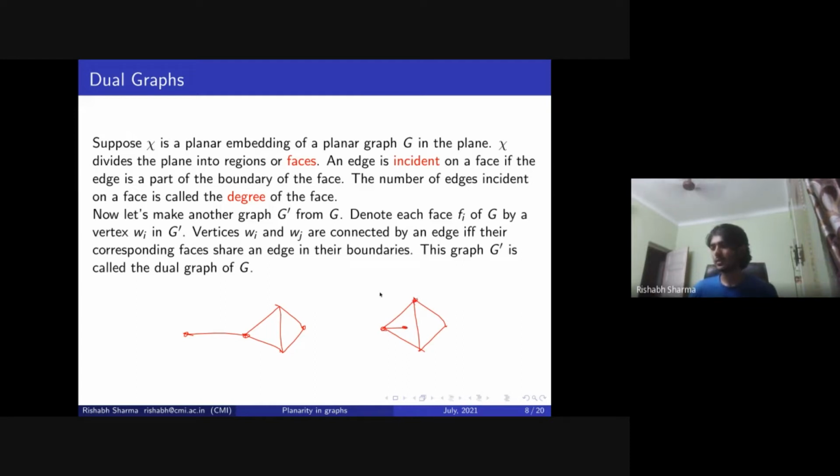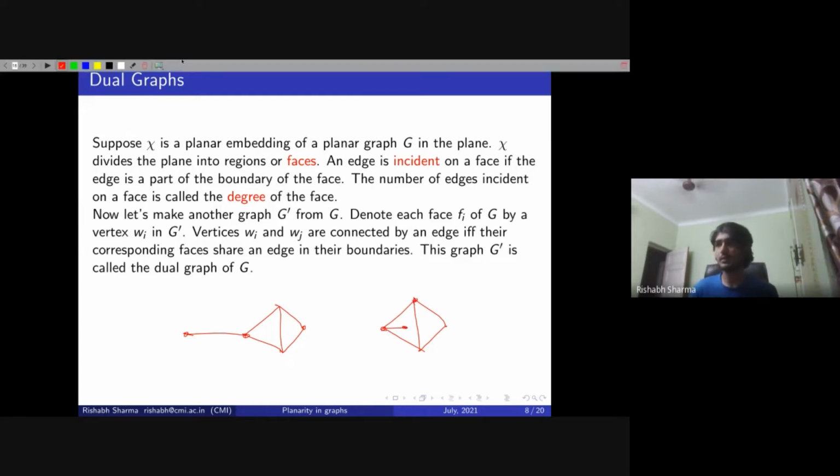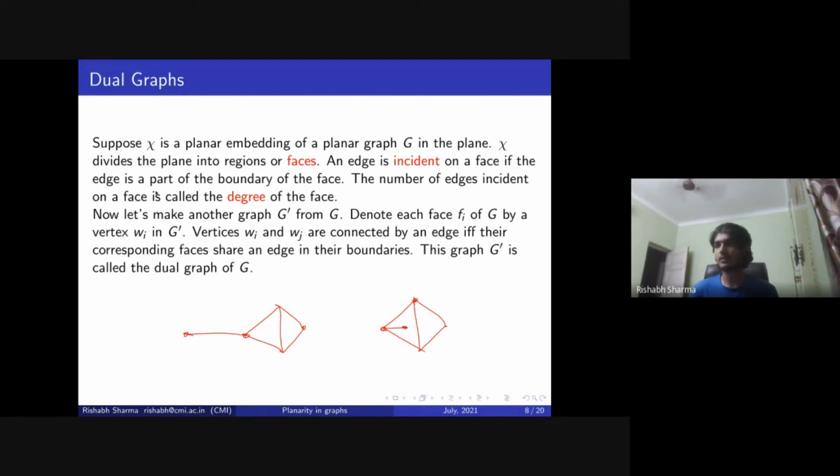then what is the dual graph of the thing on the left? Let me change color, and I have this face, the unbounded face, and two bounded faces. Now, this edge is sort of a hanging edge. So how do I draw the edge of the dual graph corresponding to this edge?